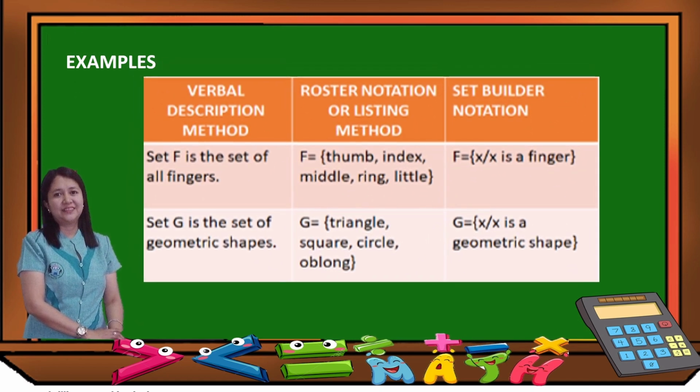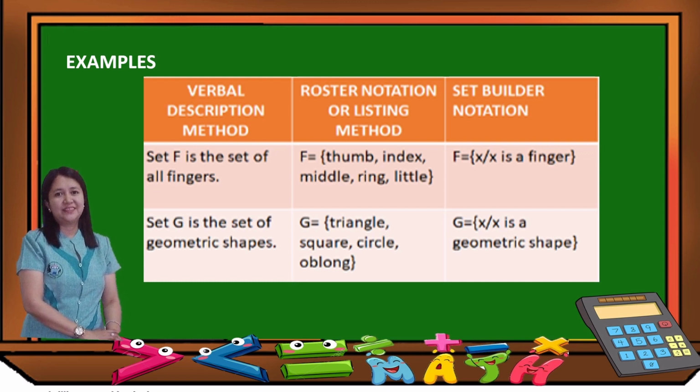Now class, let us have the comparison of the three. Set F is the set of all fingers. That is for the verbal description method. Set G is the set of geometric shapes. Now, for roster notation or listing method, listing the elements of the set of all fingers, set F, the elements are thumb, index, middle, ring, and little finger.